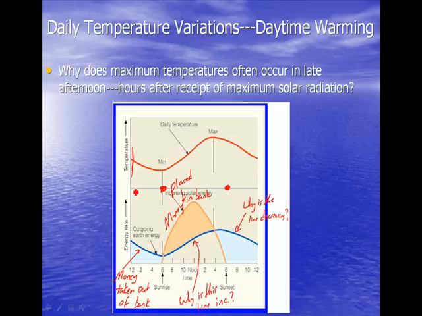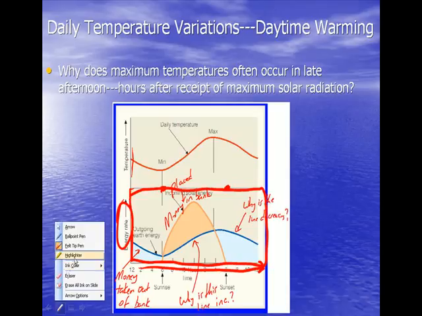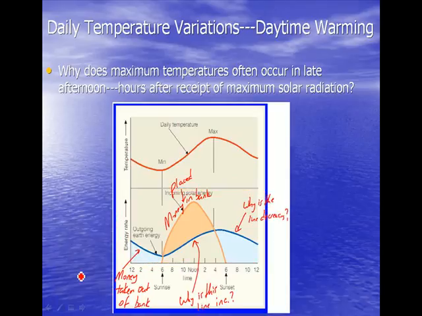This particular bottom graph here that I'm outlining is the amount of energy coming in versus time down here on the x-axis. I'll clean this out so you can actually see it again. Let's take a look at, first of all, the bottom graph here. Now, notice that we start here at midnight, and we go all the way through sunrise to noon to sunset, and then back to midnight.